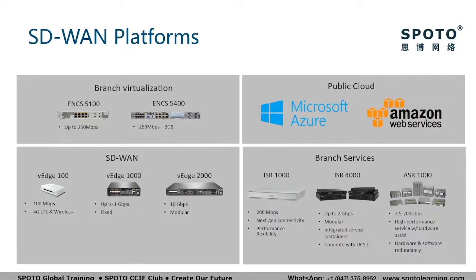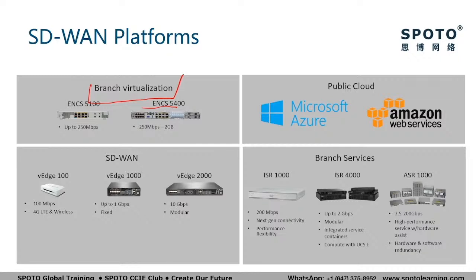Like over here, there are 4 types of platforms you can use. One is branch virtualization, using ENCS. ENCS is the Enterprise NFV platform. NFV stands for Network Functions Virtualization.